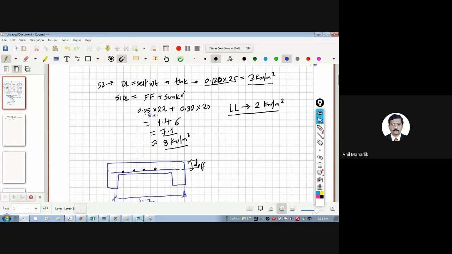Please keep in mind, we should add tile weight also. So tile we can generally take as 0.01, that is 10 mm thickness, into 25, let's say 22. So now it will come near about 1.5. Okay, we have taken 1.5, which is fine. So tile plus floor finish, that is screed.